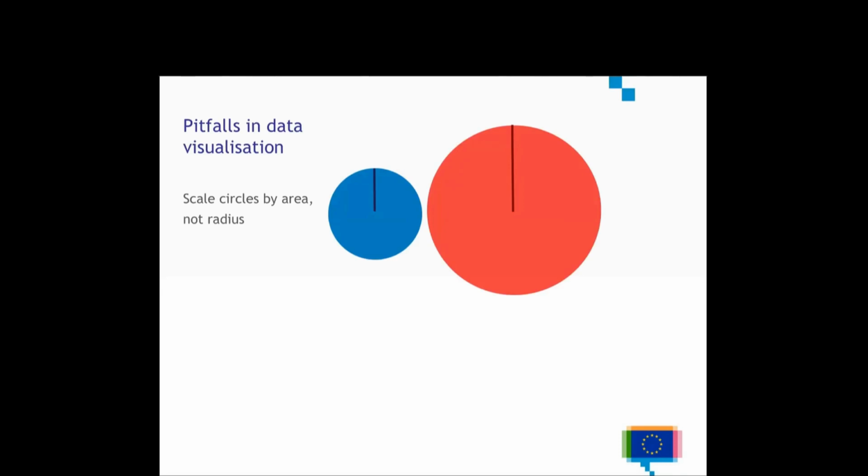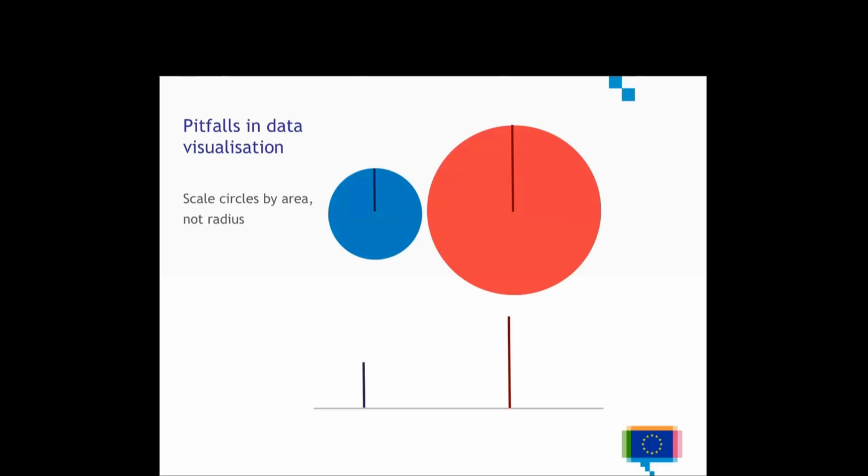So make sure that if you use the area of circles to represent data, you take the square root of the numbers first before mapping it to the radius of the circle. If you do that, these are the correct proportions between the two numbers that were shown.